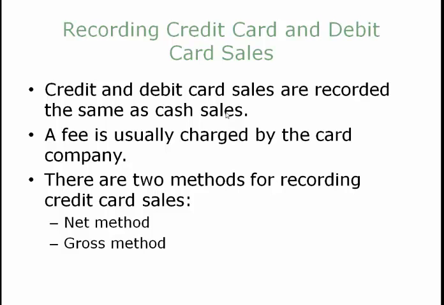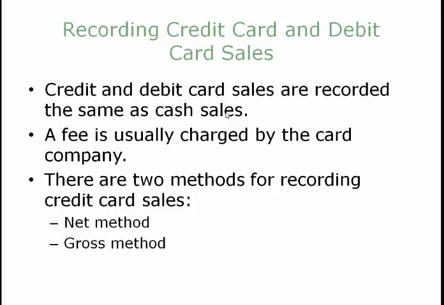So if they have sales of $100, the credit card company might take 4% of that sale. Whoever bought the stuff from the store will pay $100, but the credit card company is going to take 4% off the top, just for the right to use their card and for the credit card company to guarantee that you're going to get your money.